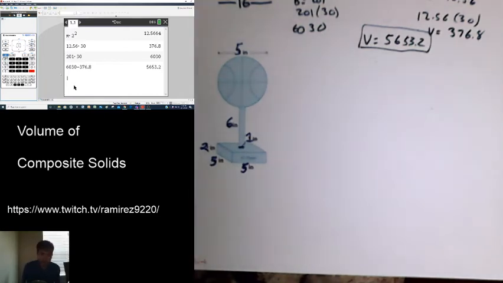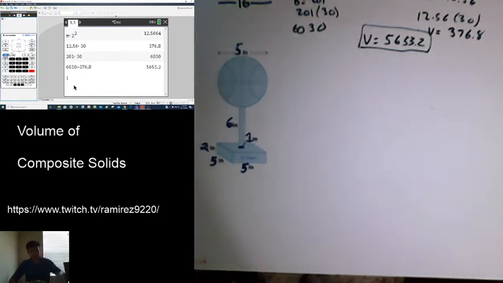Usually what happens, and it all depends on what kind of trophy company you go to, but odds are they're not gonna make this out of pure gold. They'll probably make it out of brass or something. It'd be lame if they painted it, but maybe a little coating would be nice. But anyways, we need to find the volume of gold or whatever that we need.